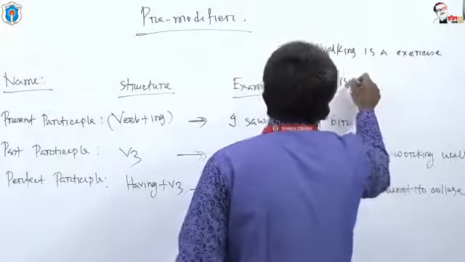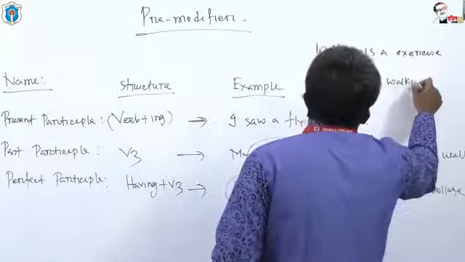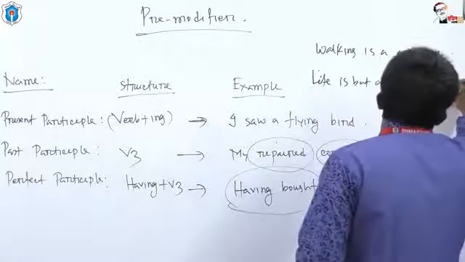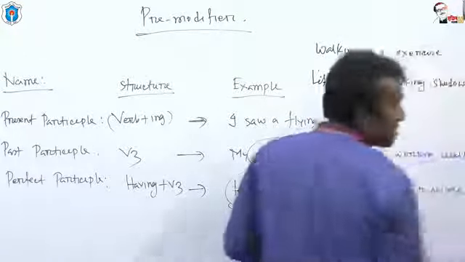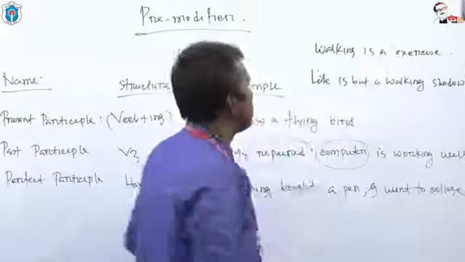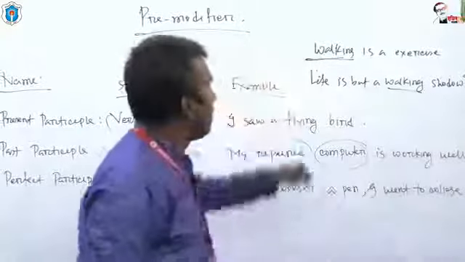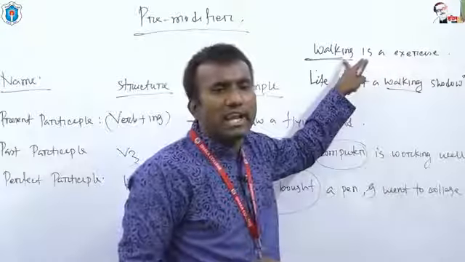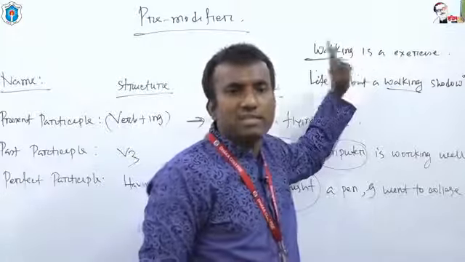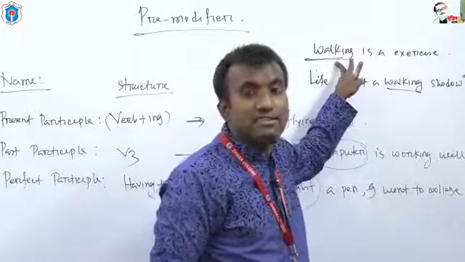Life is but a walking shadow. Look at, walking is a good exercise. Here walking, this is also walking. Here walking is working as the subject. What is the subject of the sentence? The subject of the sentence is walking. Here walking is the subject of the sentence.